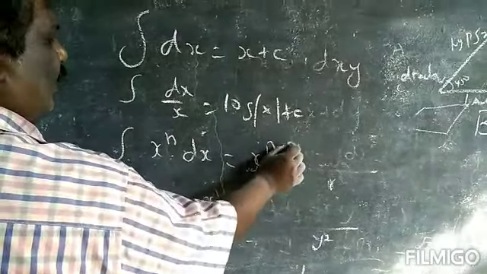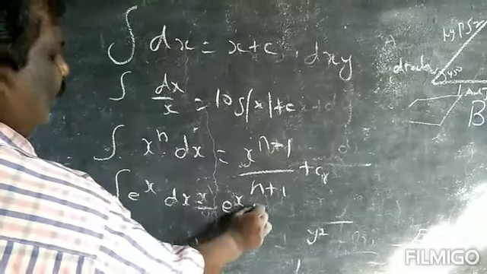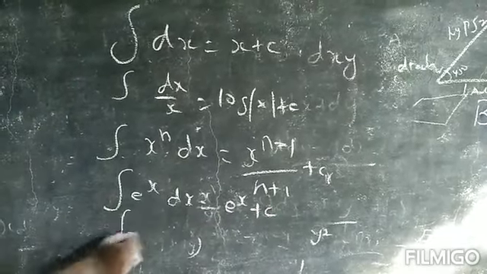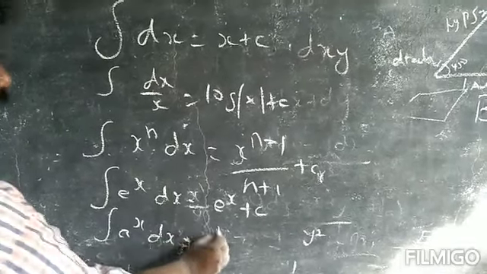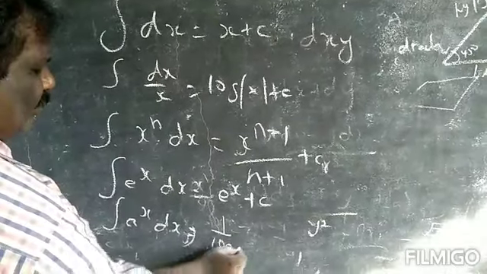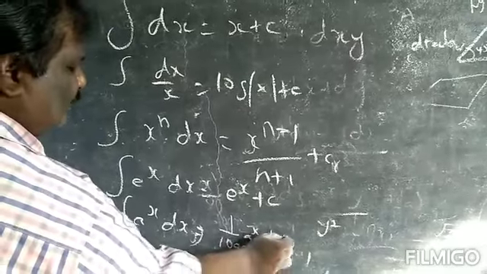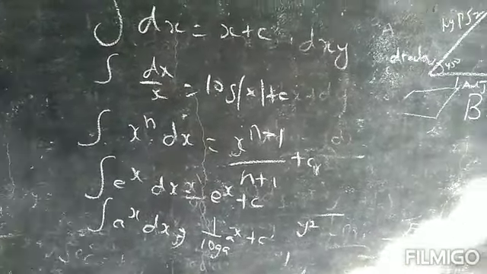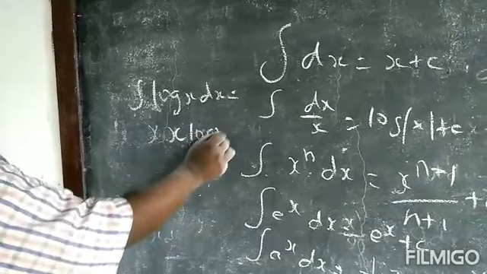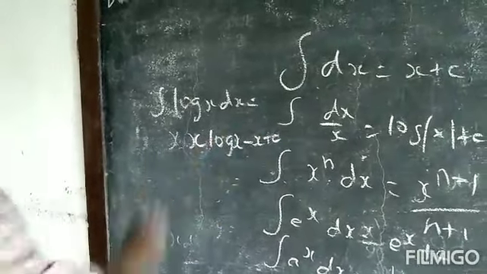Integral e power x dx is equal to e power x plus c. Integral a power x dx is equal to 1 by log a times a power x plus c. Integral log x dx is equal to x log x minus x plus c.